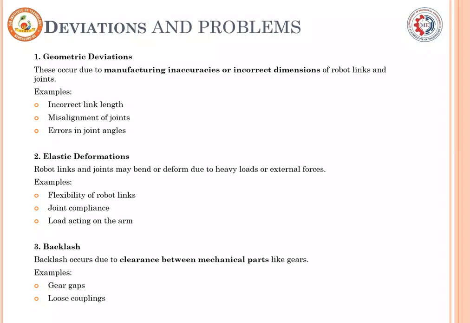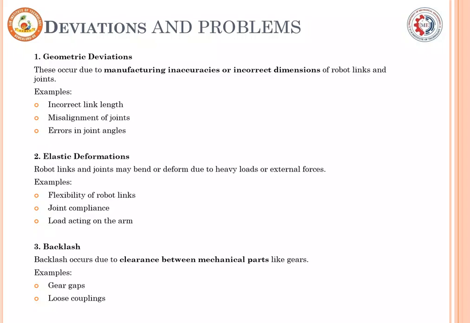So in continuation with respect to module 2 of the drive system for robotics, we'll discuss the deviations and problems in the robotic drive system. Geometric deviations will be there in the robot. This happens due to manufacturing inaccuracies or incorrect dimensions of the robot links and joints. So if there is a deviation in the link length, joints, and errors in the angle, this comes from the geometric deviation.